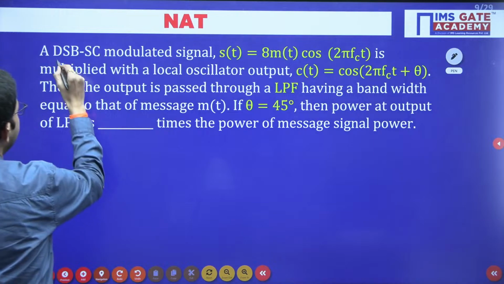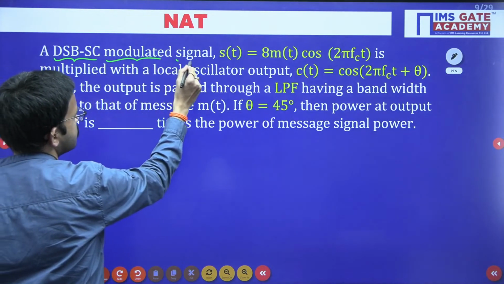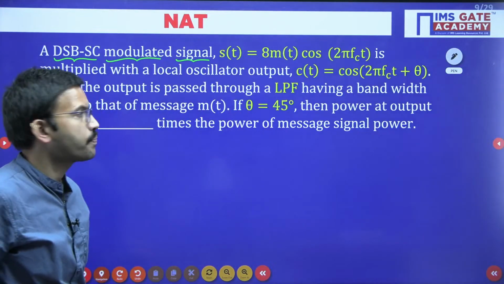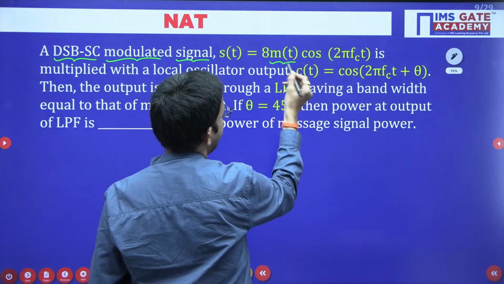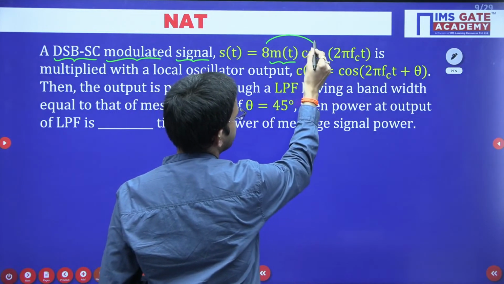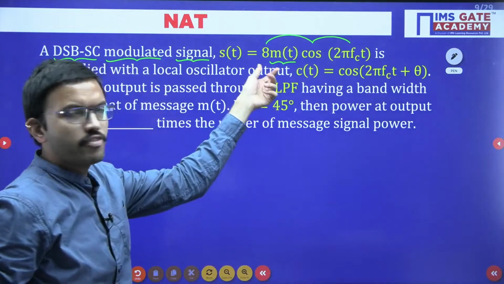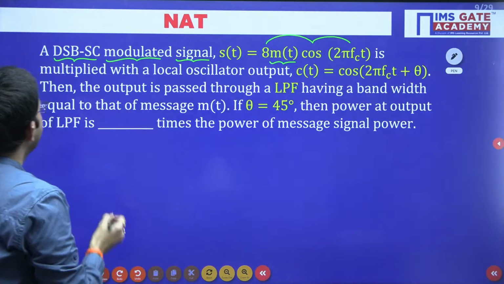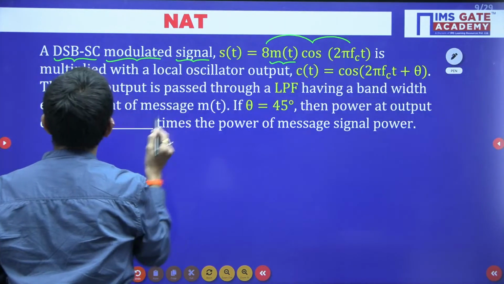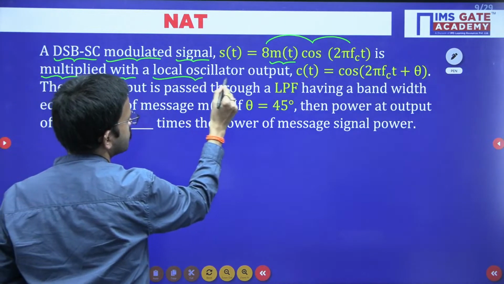Here they have given a DSB-SC modulated signal, that means DSB-SC signal. If you observe, m of t is there and Ac cos 2 pi fc t, that is nothing but the carrier signal. The message signal multiplied with the carrier is nothing but DSB-SC. And this particular signal they have multiplied with the local oscillator output.